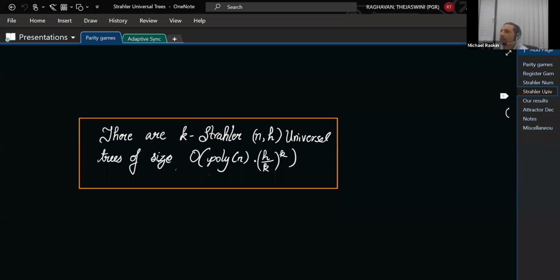Yes. If you have a Strahler number k universal tree, there is an exponential dependence on k, but if you have things up to 4, you'd still have a nice size. And you claimed this as an upper bound, do you expect this to be tight? We actually have a lower bound as well, which we're still writing up for our journal version, but it is not published yet.